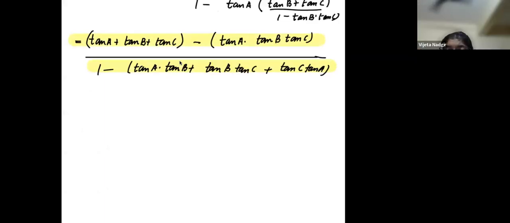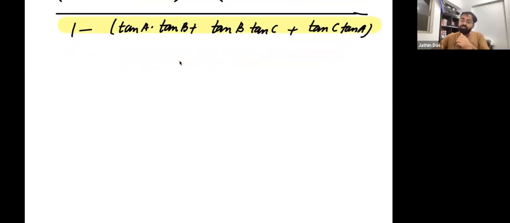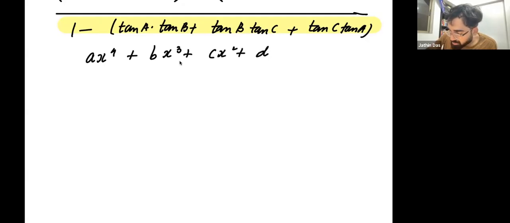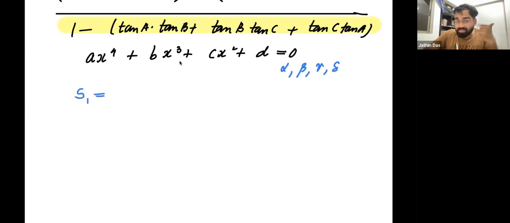You getting? Okay. I'll tell you one thing which will be useful in quadratics also. So suppose you have a biquadratic equation, which means 4 roots will be there, like alpha, beta, gamma, and delta also. Now S1 means I'm taking the sum of the roots one at a time.